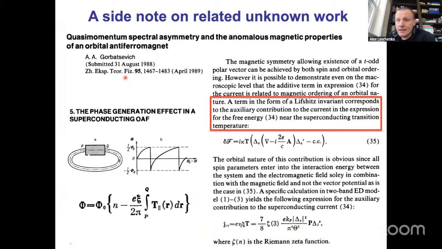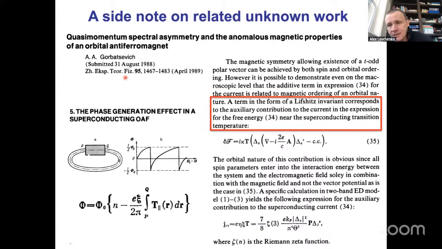So, two historical notes. I didn't know about this, but I learned about this by working on this topic and writing this review article. I thought, and everybody thought, that Edelstein made the initial prediction, but reading this paper from Gorbatsevich, with a title that has nothing to do with superconductivity, he considered magnetic properties of orbital antiferromagnets.